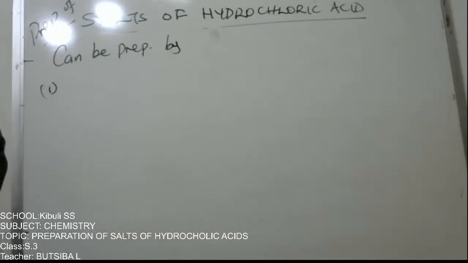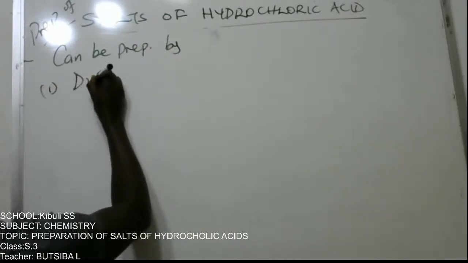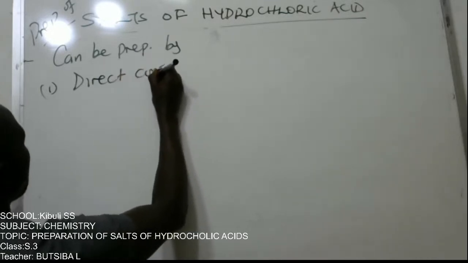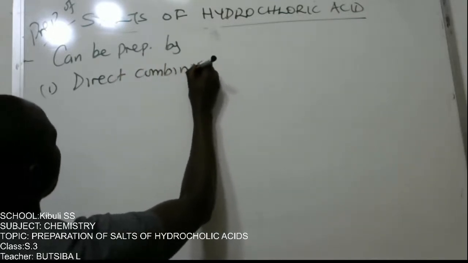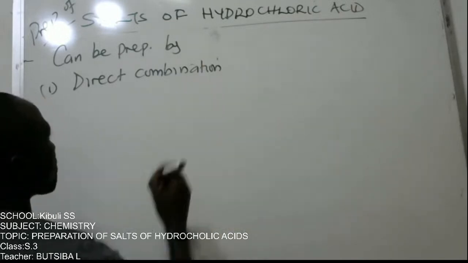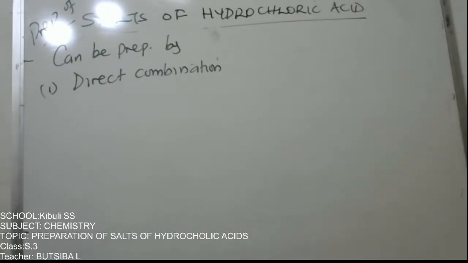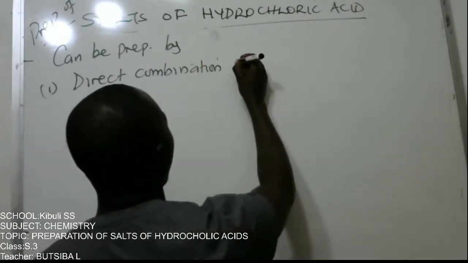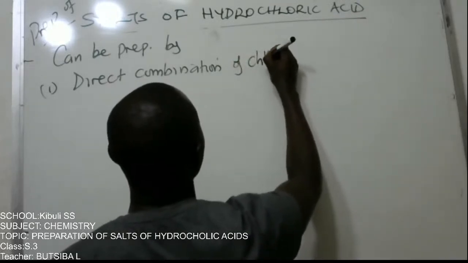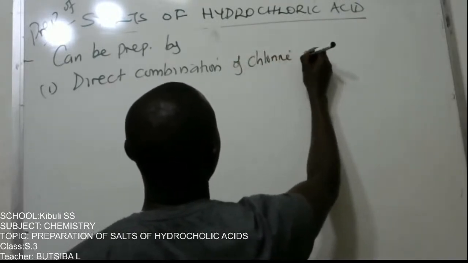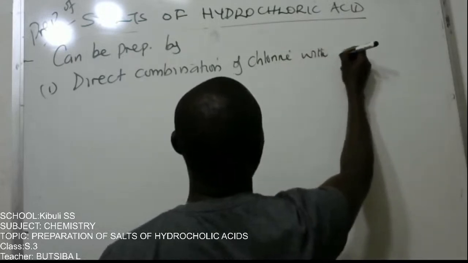Roman 1, direct combination. So direct combination of what? Direct combination of chlorine with the metal.